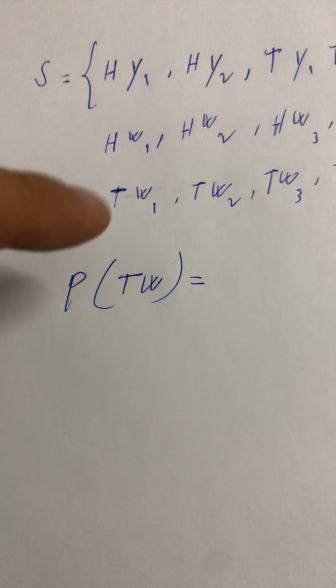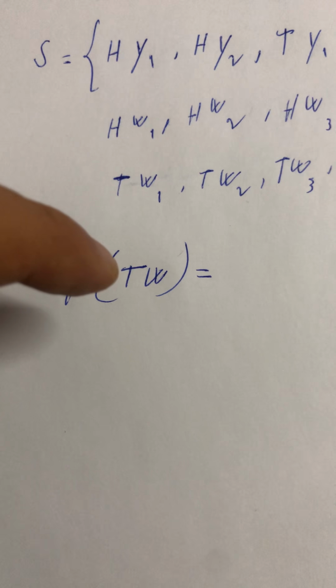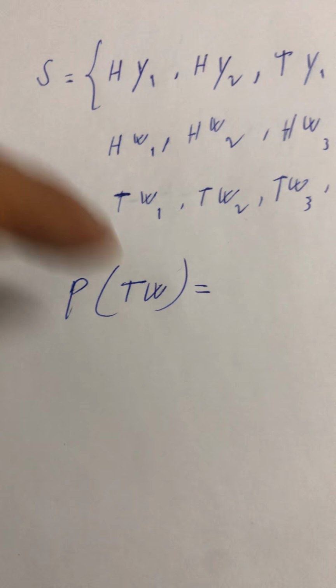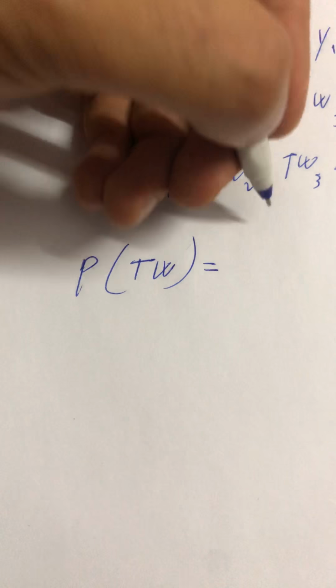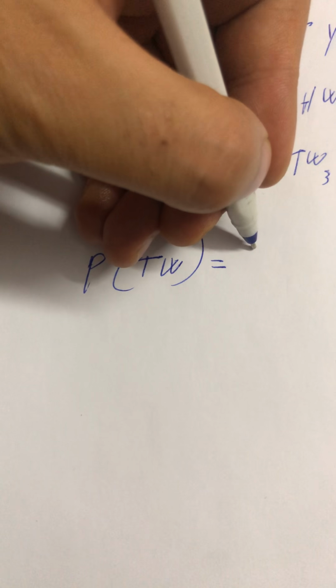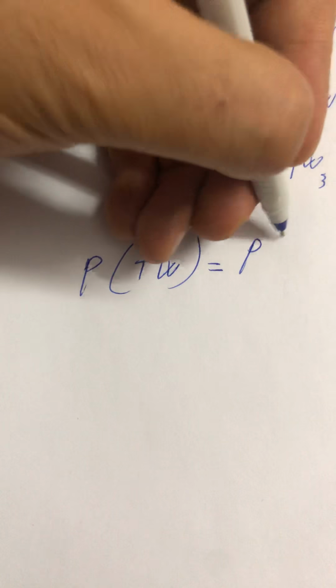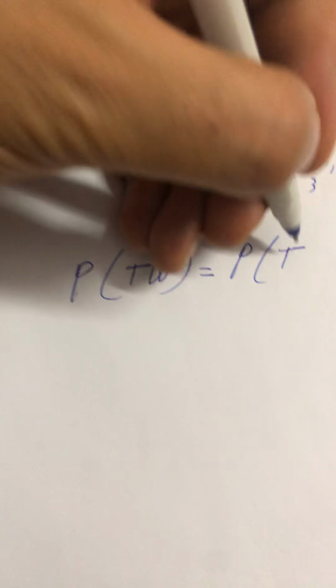That means at the same time, he wants tail and white at the same time. So this is multiplication. So it will be the probability of tail times the probability of white.